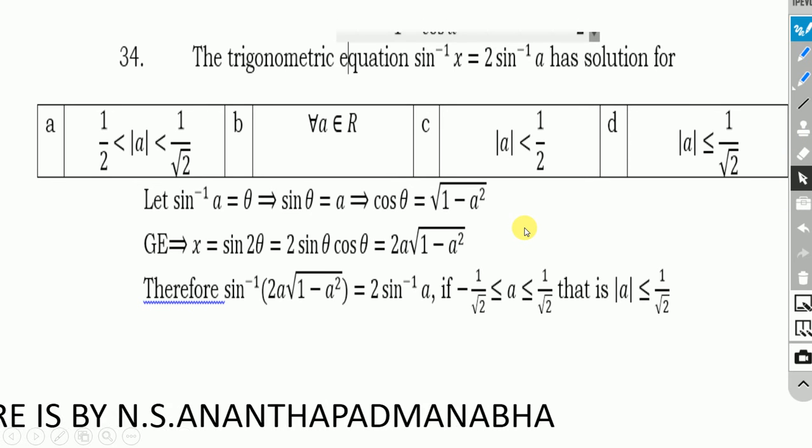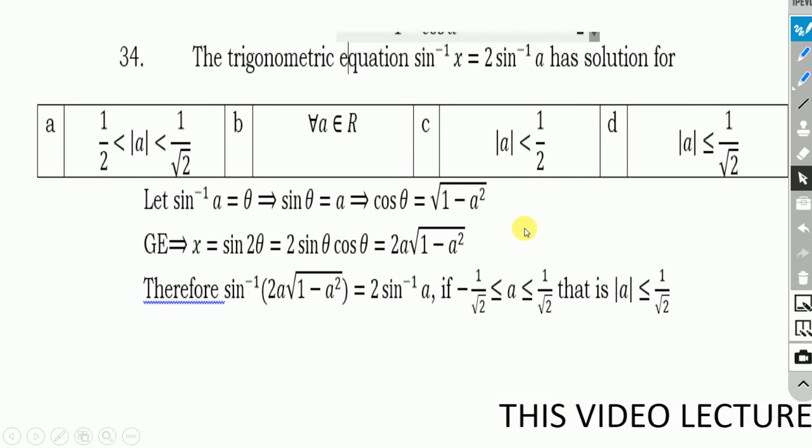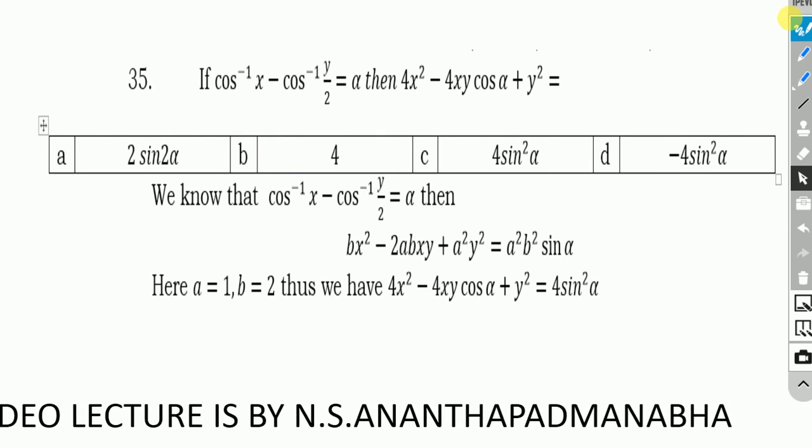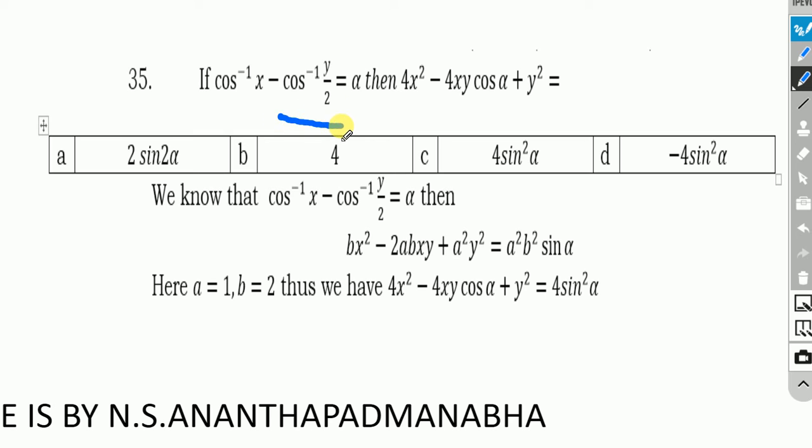If cos inverse x by a minus cos inverse of y by b is equal to alpha, then 4x square minus 4xy cos alpha plus y square is equal to 4 sin square alpha. We know that cos inverse x by a minus cos inverse of y by b is equal to alpha, so let us take this formula.